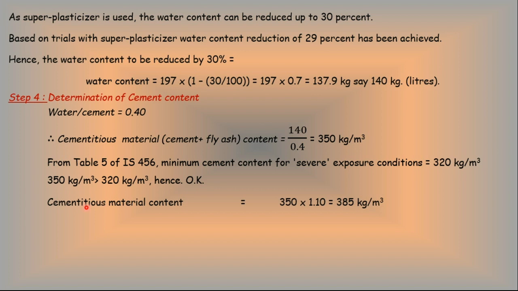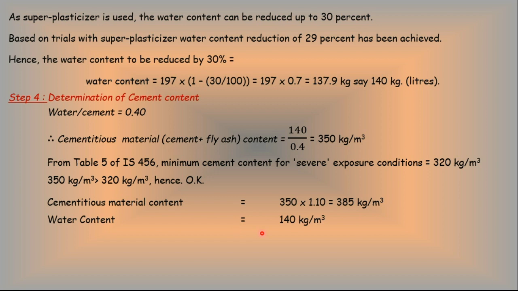Okay. Cementitious material content is how much? Now, for having fly ash, we can increase the total cementitious material by 10%. Increase in the total cementitious material by 10% gives us the value of 385 kg per meter cube.